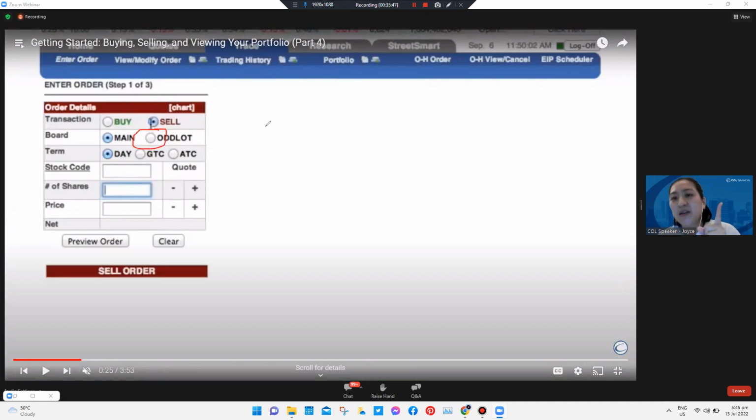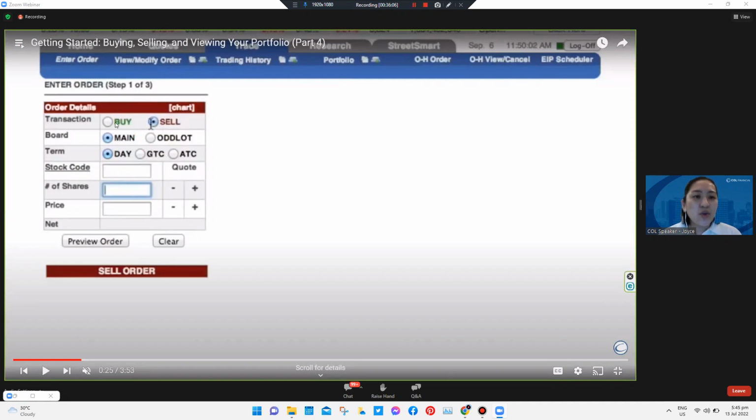But for me, try not to transact in the odd lot market because there are only a few buyers and sellers there. It is always best to do it on the main lot. Main would mean we are following the board lot here.